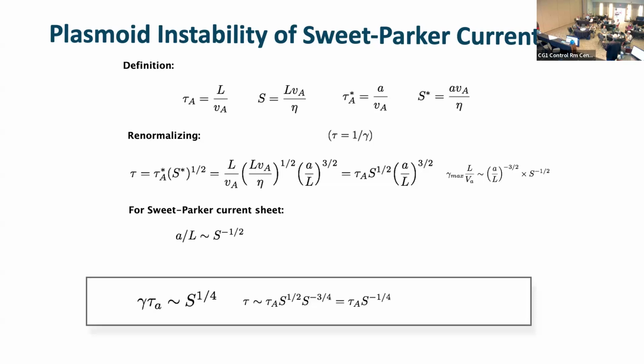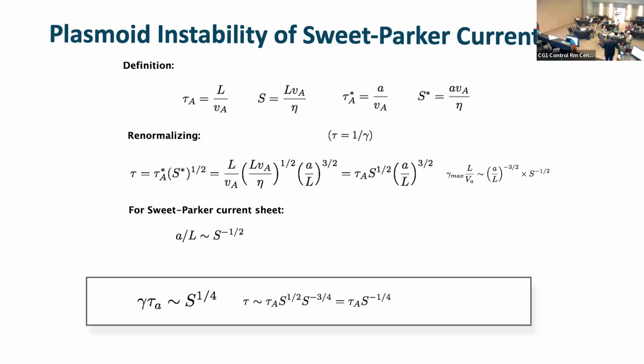What happens to gamma tau A as S goes up? Let's make S go to infinity. What does gamma tau A do? It goes to infinity. Houston, we have a problem. Ideal MHD doesn't have reconnection. This is telling me that in the ideal limit, not only do I have reconnection, but I have an infinite growth rate. Oops.